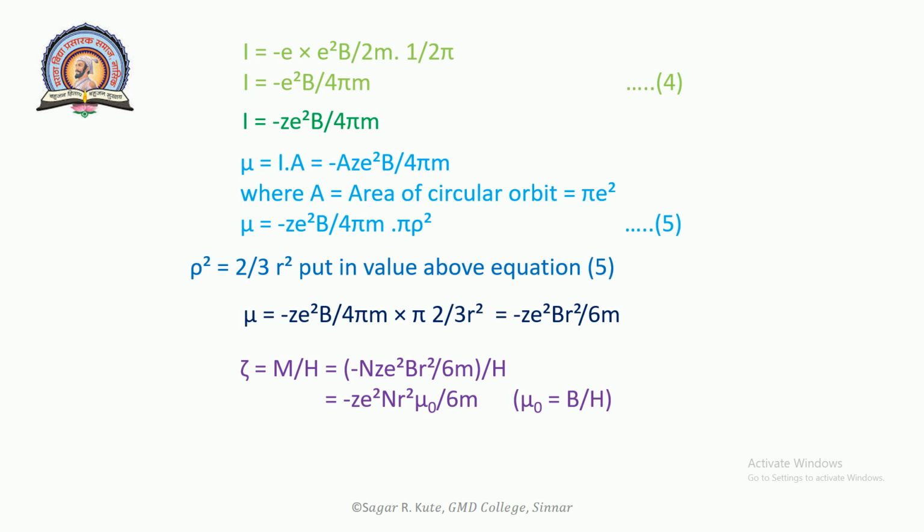It is clear that diamagnetic susceptibility is directly proportional to n. Also r is the size of the atom. It means that electrons in the outermost orbit give the largest contribution to the diamagnetic susceptibility of the substance. In short, diamagnetism is due to the electrons in the outermost orbit of an atom and the size of the atom.